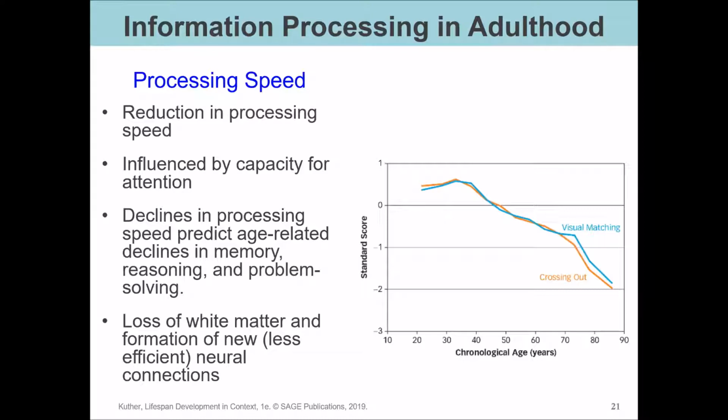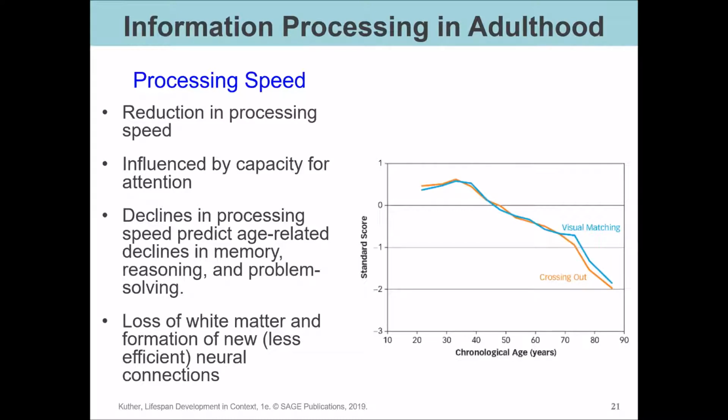And that's a very simple task, but the tasks can get much more complex in terms of our reaction time to information. And this is influenced by our capacity for attention. Highly distractible adults perform worse on processing speed tasks. If you're distracted, you're not able to take in the information and process it.